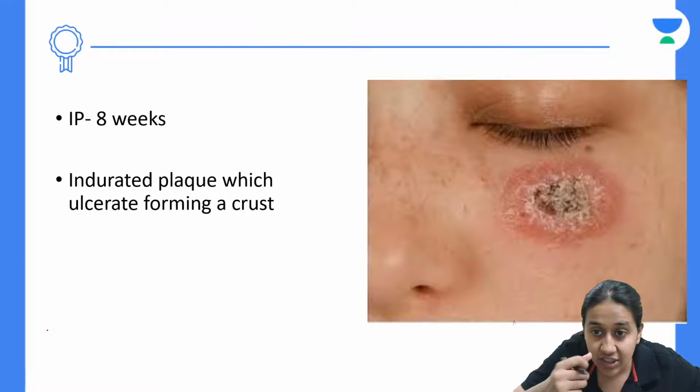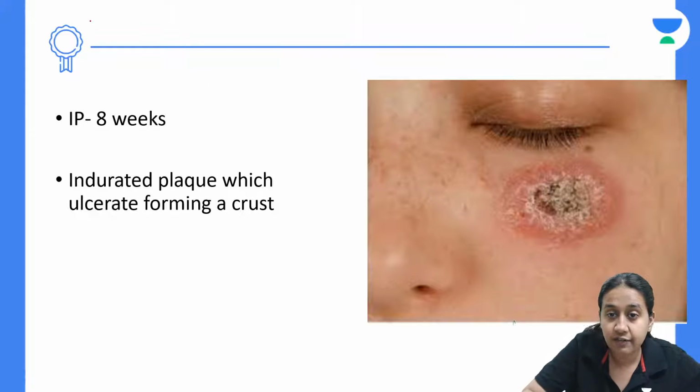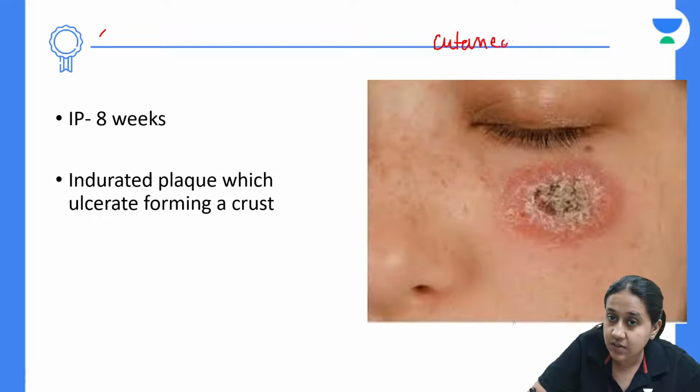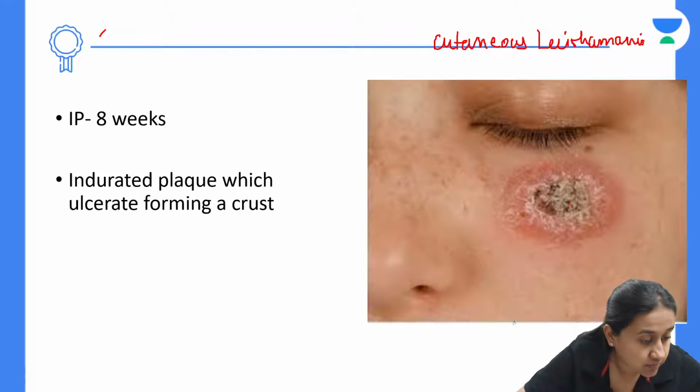Now we can look at the lesions of leishmaniasis. We have a cutaneous leishmaniasis which presents with a cutaneous scar. It presents with annular plaque with central crusting, and this type of ulcer is also known as volcano ulcer.